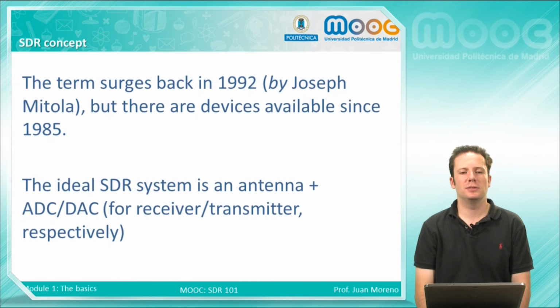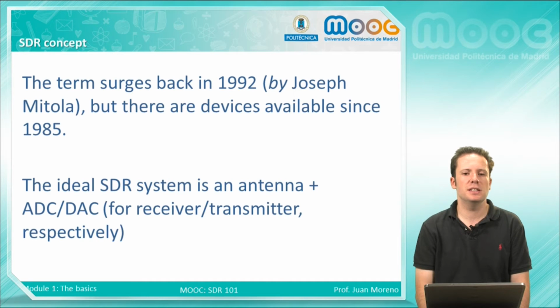Now let's talk about the SDR history. This term surges back in 1992 and it was coined by Joseph Mottola. But there are devices available in the market since 1985. Now let's think about the future or the ideal SDR system. This ideal SDR system has only 2 stages plus the antenna.